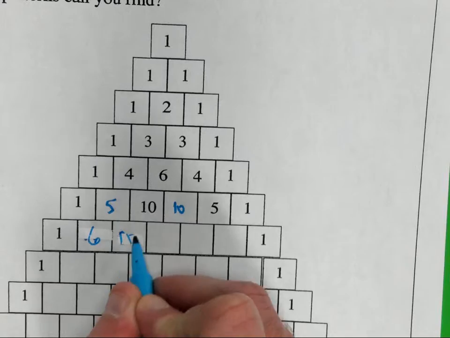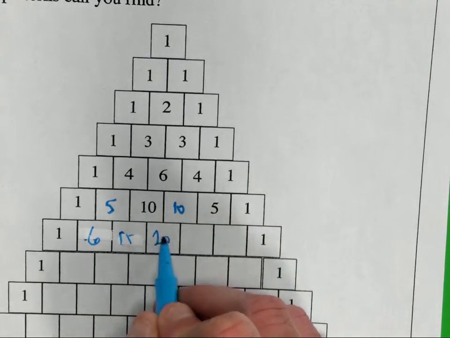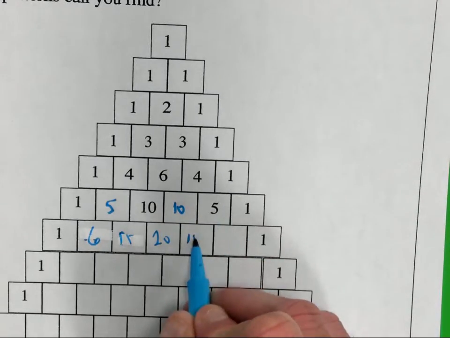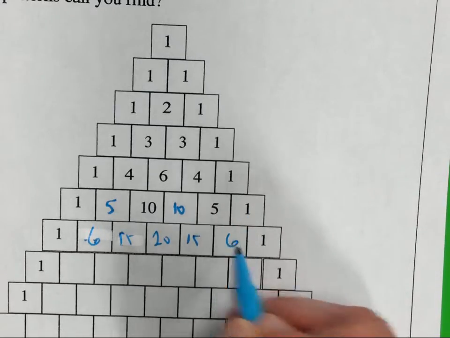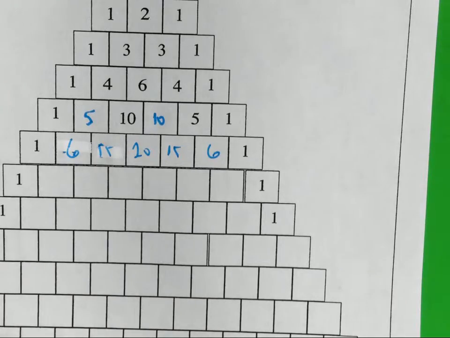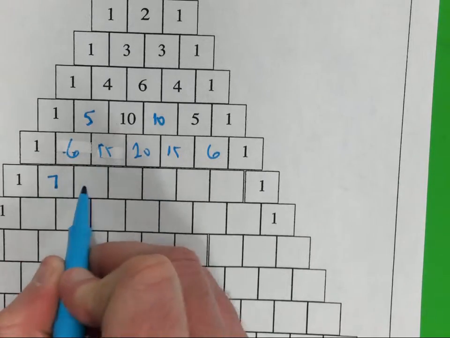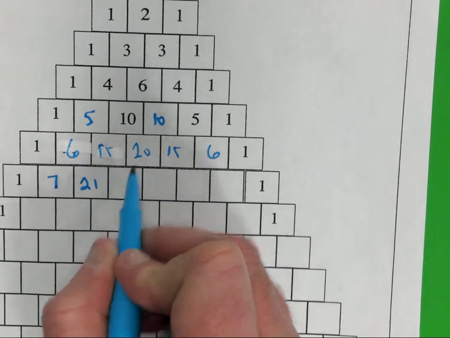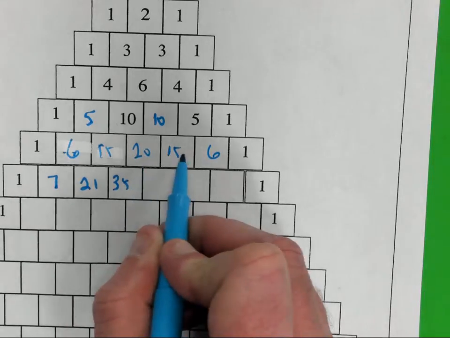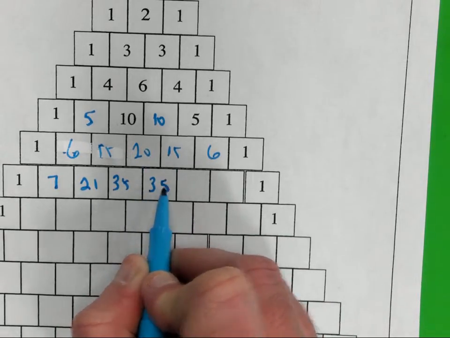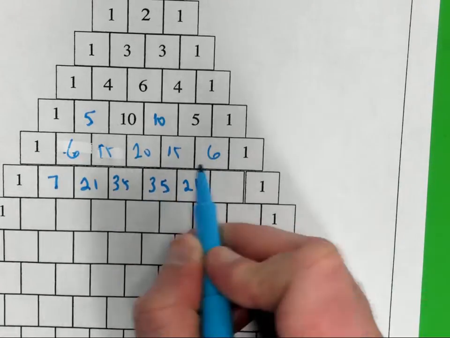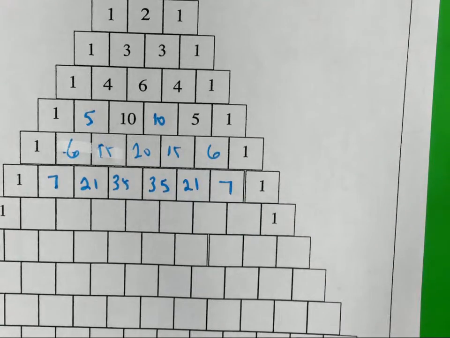5 plus 10 is 15. 10 plus 10 is 20. 10 plus 5 is 15. 5 plus 1 is 6. Next, 1 plus 6 is 7. 6 plus 15 is? 15 plus 20 is? 20 plus 15 is? 15 plus 6 is? 21, and 6 and 1 is 7.